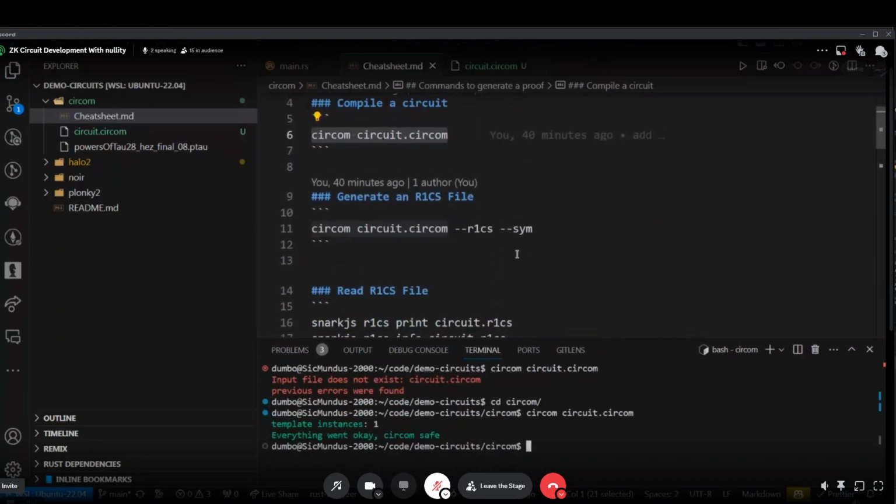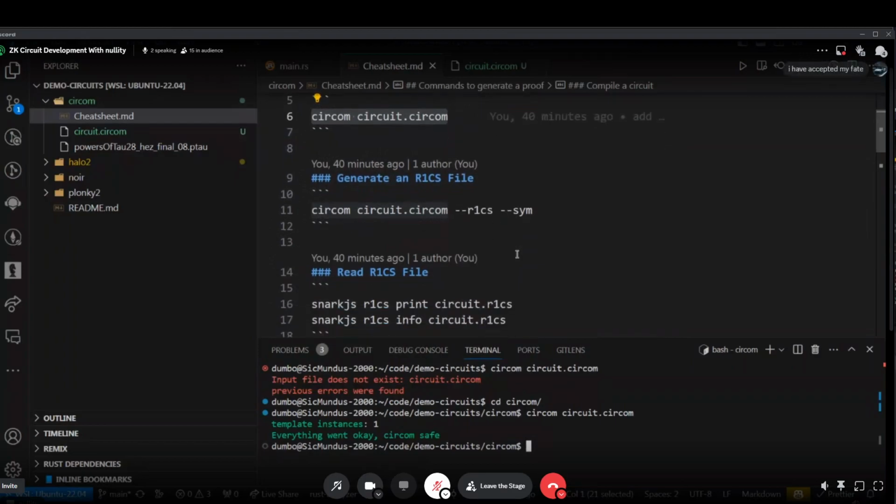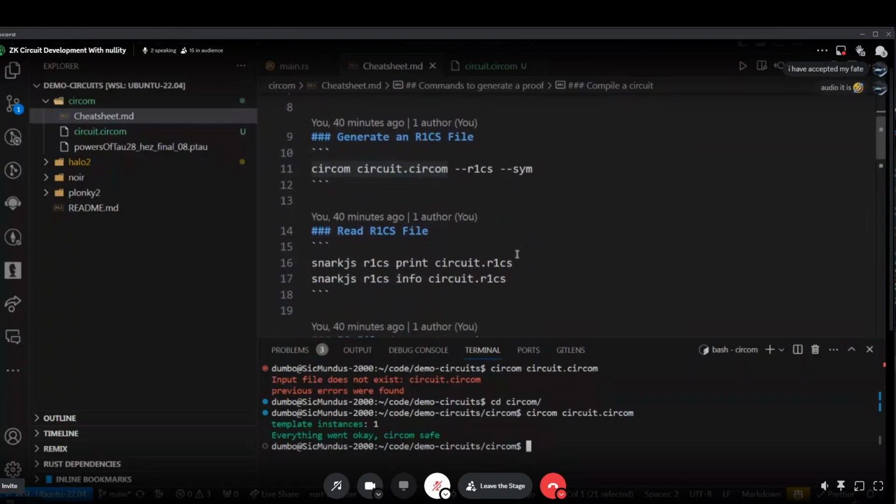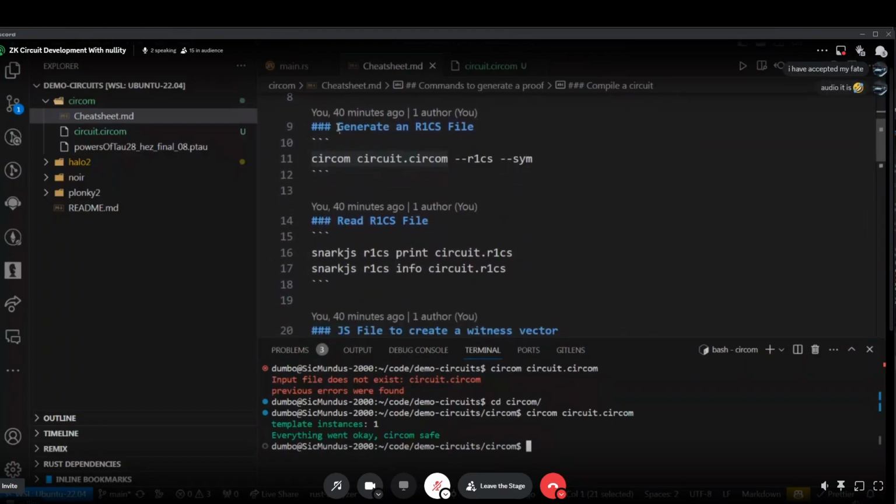Cool. So the next thing we've got to do is generate an R1CS file. So if we just go back to what we did before, like 10 minutes ago, we said that the message would be turned into a polynomial. So before turning into a polynomial, Circom circuits would be boiled down to something called R1CS.